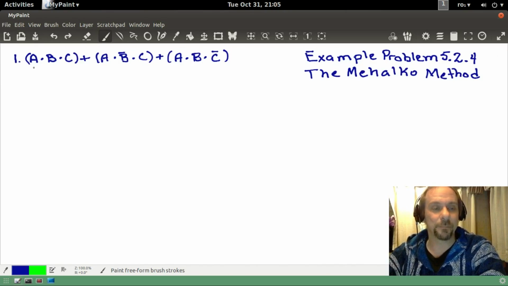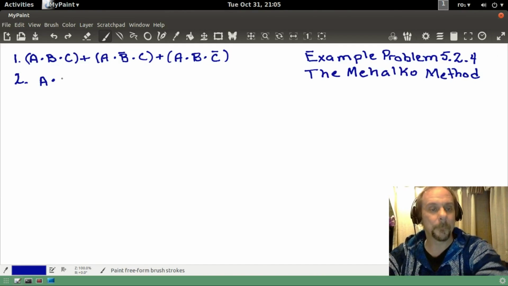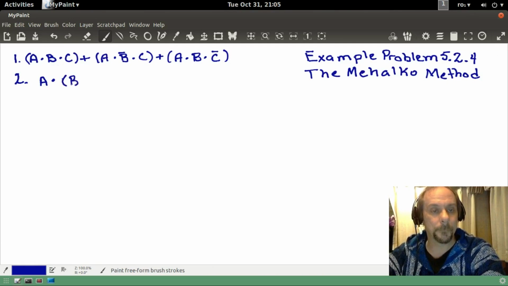if we pull the A out on the left-hand two components here, we get A and, because our minor sign becomes our major sign, A and B, or B and C, or not B and C. Okay.